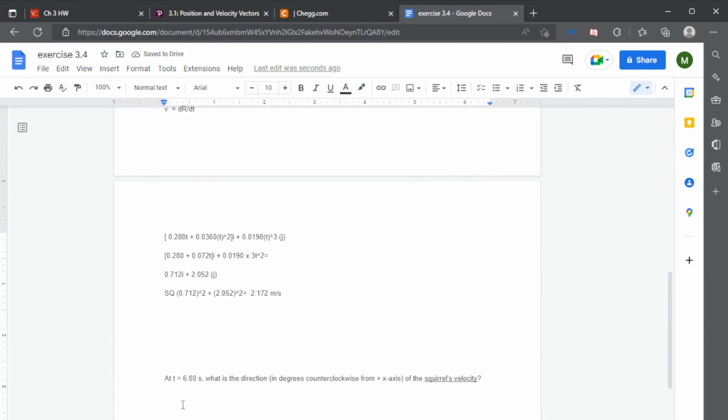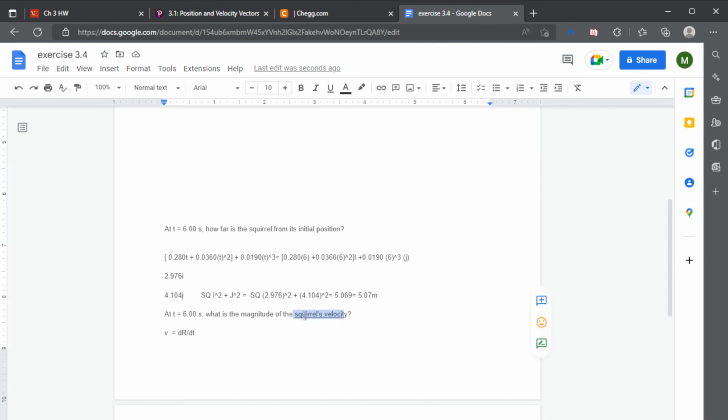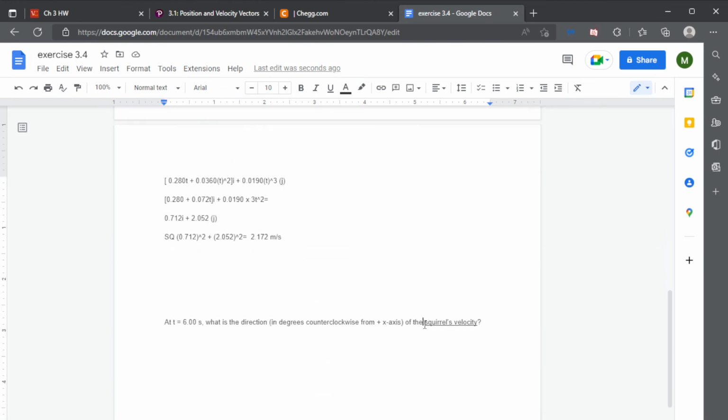This one asks for the direction, in degrees counterclockwise from the plus x-axis, of the swirl velocity. Same thing right here, because the previous one asked for the swirl velocity's magnitude, but this one is asking for the direction. I haven't written it down, but this is tangent, and since this is counterclockwise, this would be arctangent.